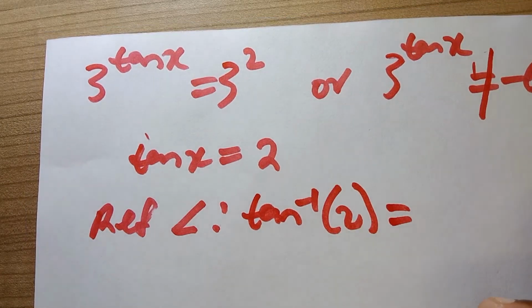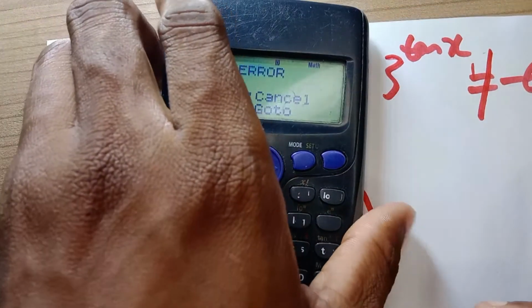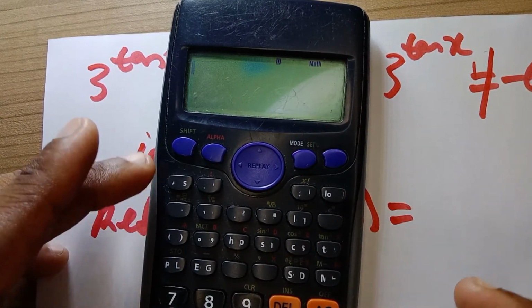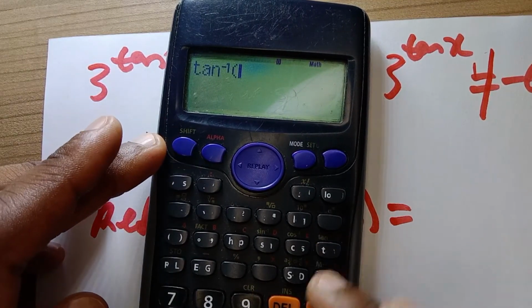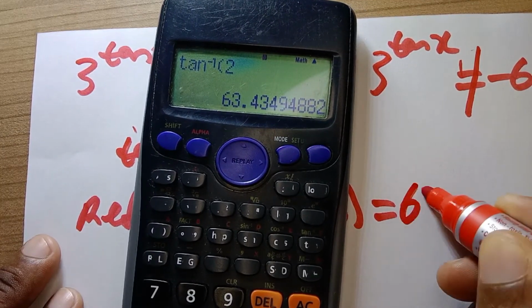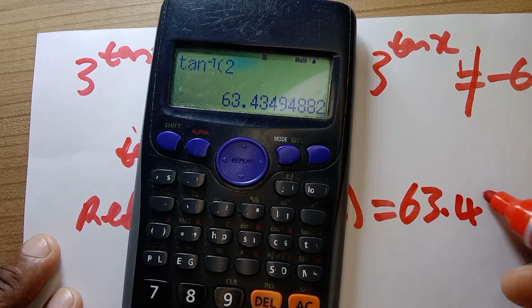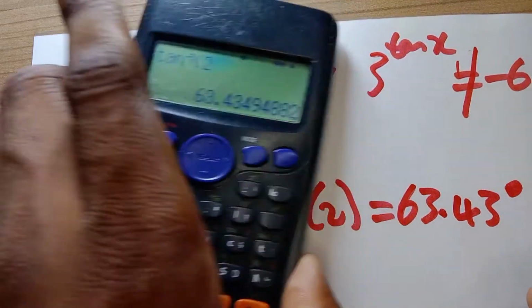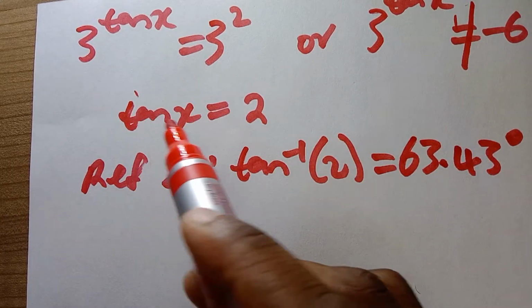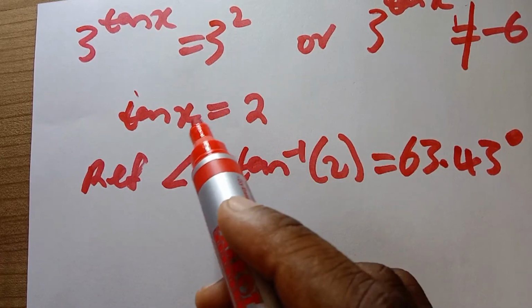Then that should be our reference angle, okay? Then the arc of tan 2 gives us 63.43 degrees there, okay?